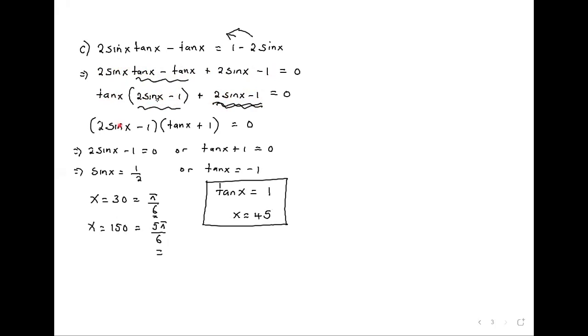We'll have 2 sin x minus 1 in brackets. Now we divide this in here. I will remain with tan x, plus this whole thing in here will give us 1, like the quadratic. And then we set this equal to 0.